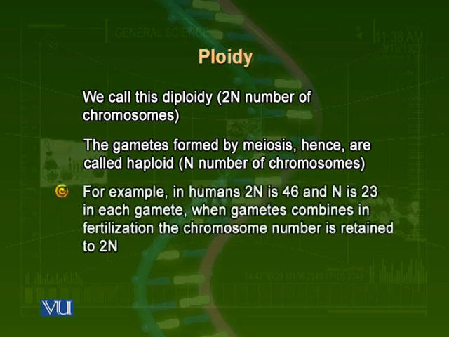For example, if they have 18 chromosomes, divided into 3 sets, we can call them triploid, that is, triploidy, 3 sets of chromosomes. There are different types of plants which have even more sets of chromosomes. We call them polyploids, and we call this phenomenon polyploidy.